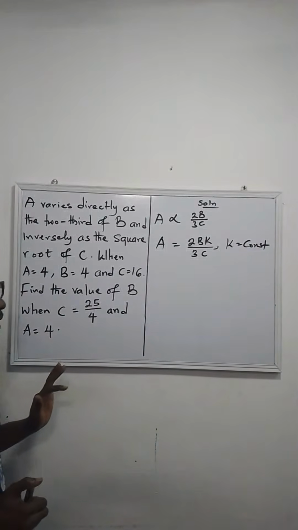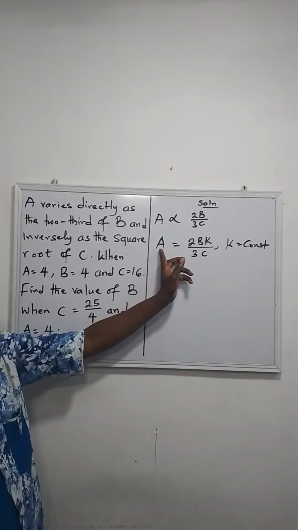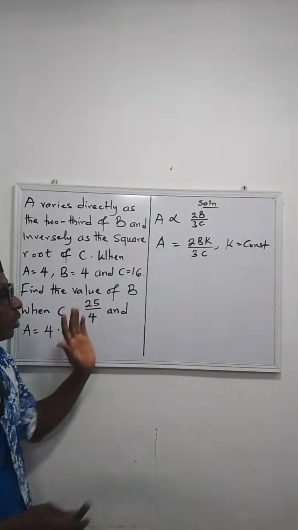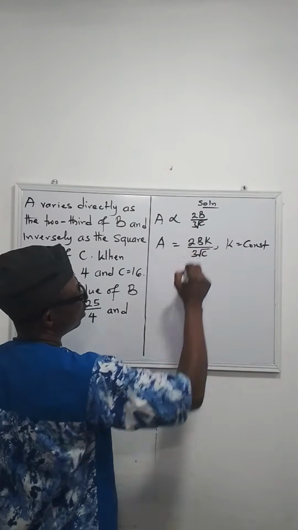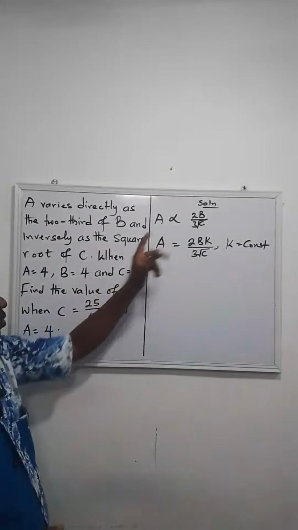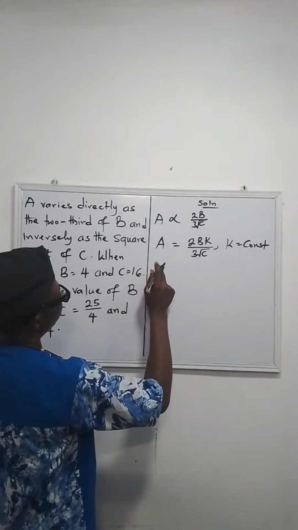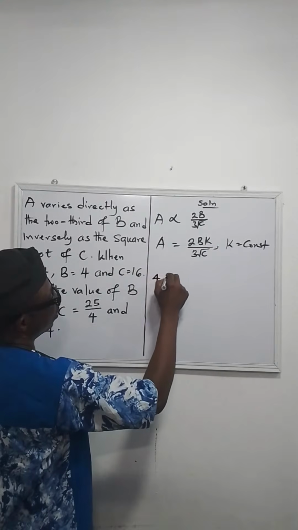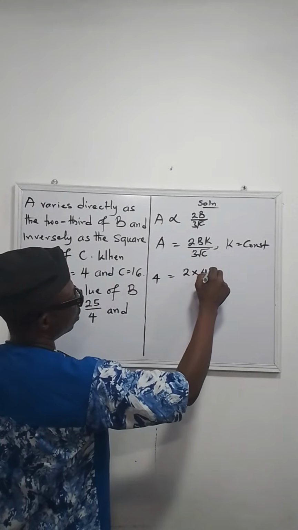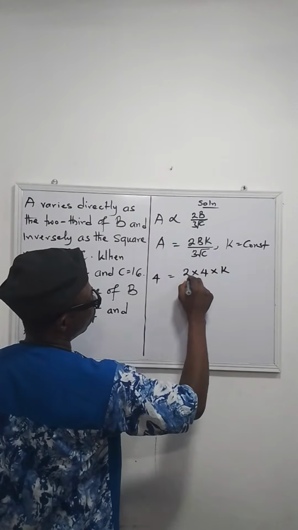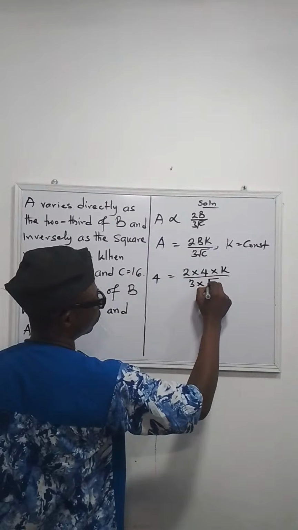So now we need to get this K. What we need to do is plug in the values of A, B, and C that have been given in the question. Don't forget this one is square root. We have square root of C. A is 4, so we have 4 equals 2 times B, B is also 4, times K over 3 times square root of C. That is square root of 16.